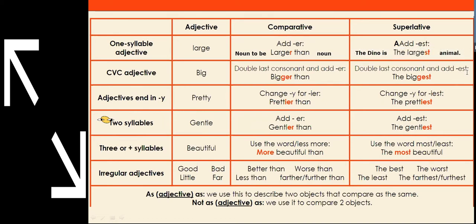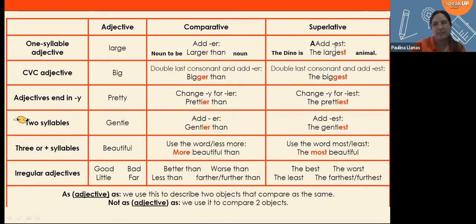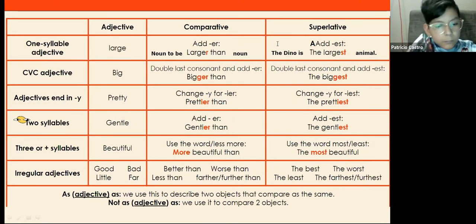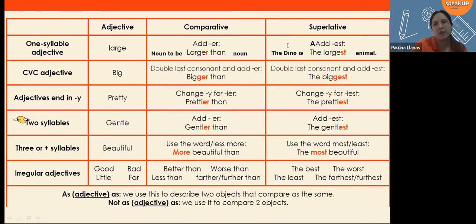And then we have our superlative. The dino is the largest animal. Now, in this case, we use the noun, the verb to be, and the group that we are talking about.